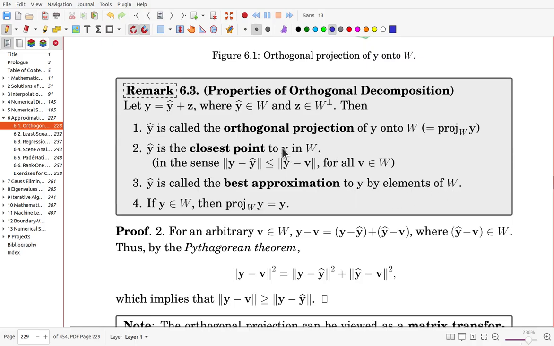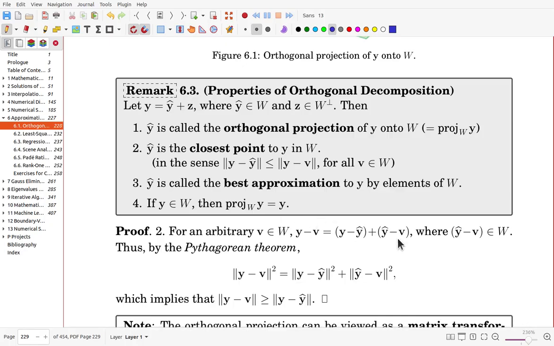We are rewriting this second claim. If y is in W, then its projection does not change. Already it's in W, and projection to the subspace W should not change it.